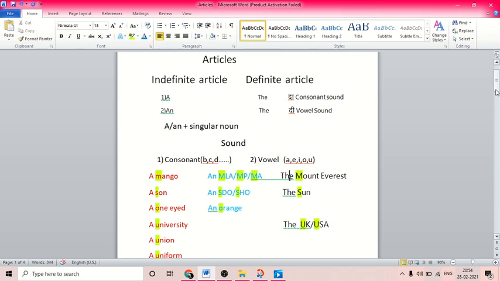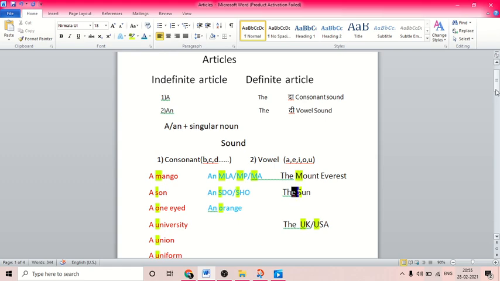But here, when it is pronounced as ma, it takes a. Second one, MLA, it is pronounced with an e sound, that's why we use an. Third one, Mount Everest. Though it's pronounced ma, it is a mountain range, that's why we use the.